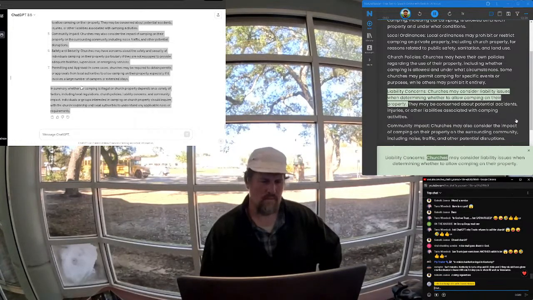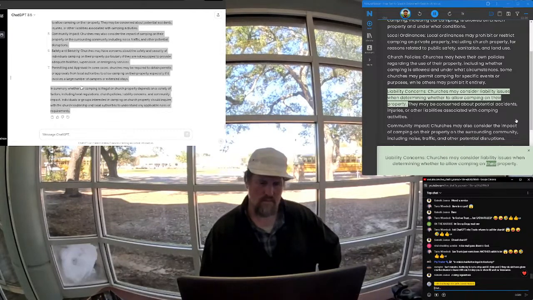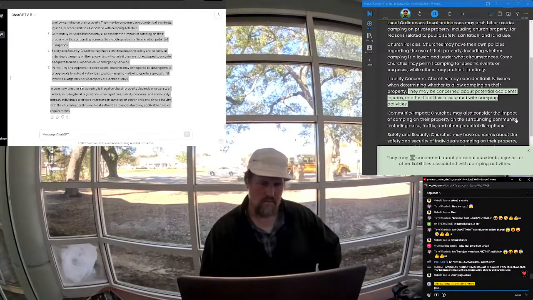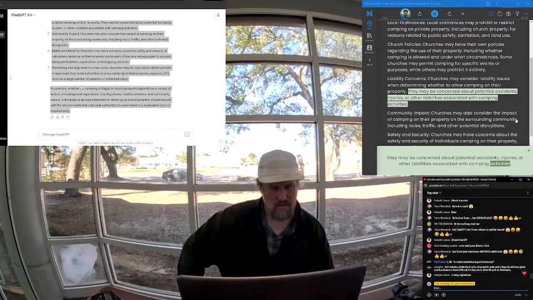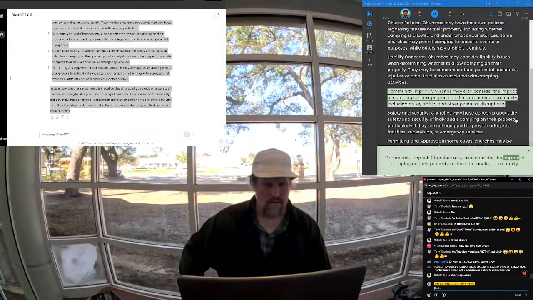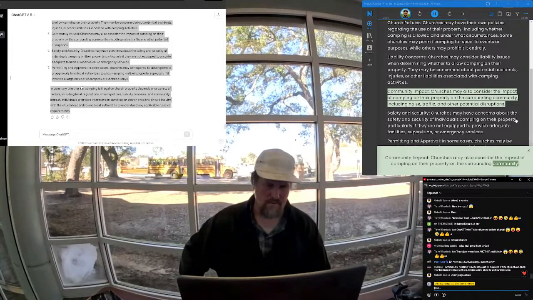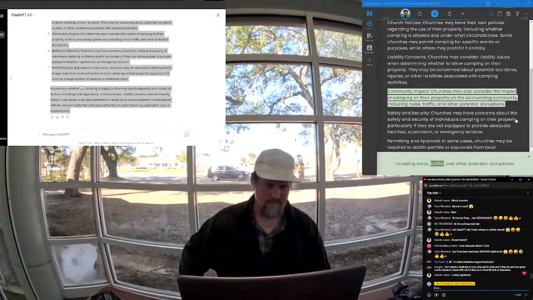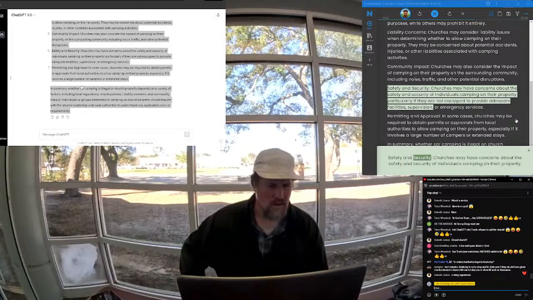Liability concerns. Churches may consider liability issues when determining whether to allow camping on their property. They may be concerned about potential accidents, injuries, or other liabilities associated with camping activities. Community impact. Churches may also consider the impact of camping on their property on the surrounding community, including noise, traffic, and other potential disruptions. Safety and security.